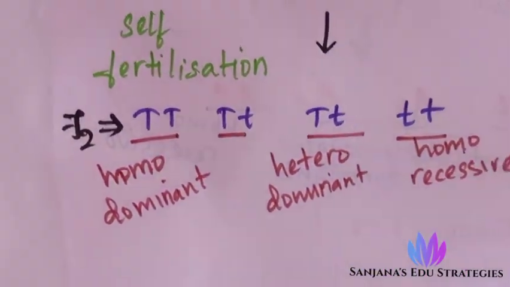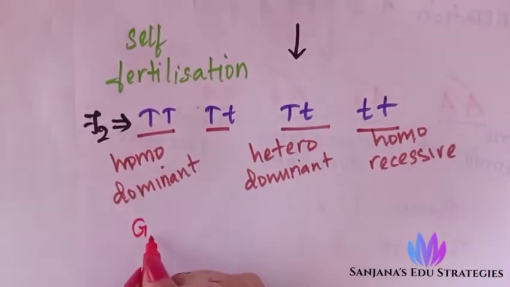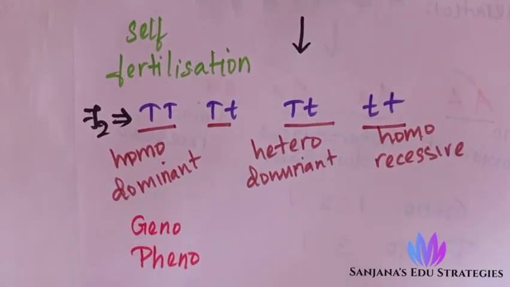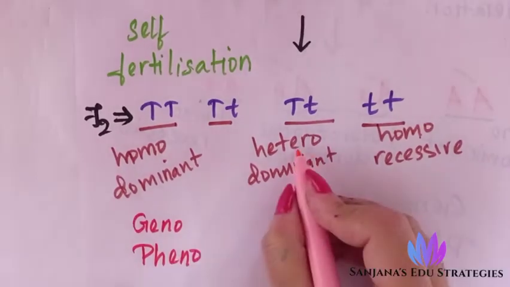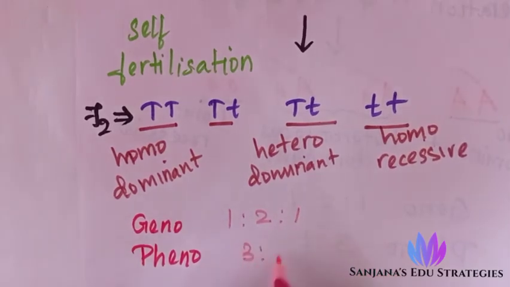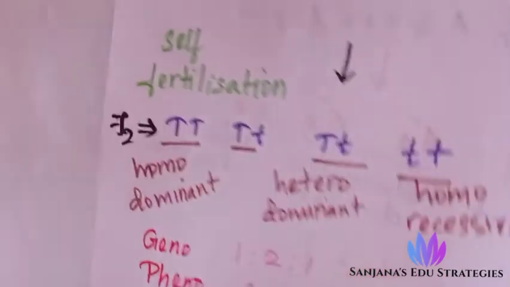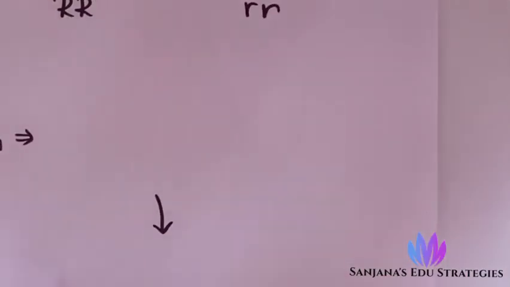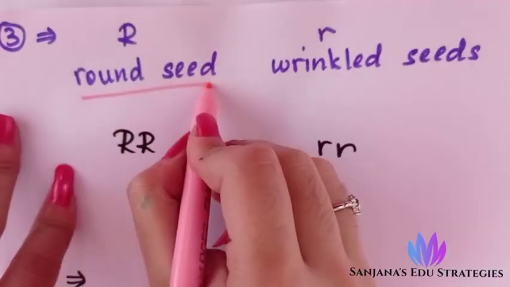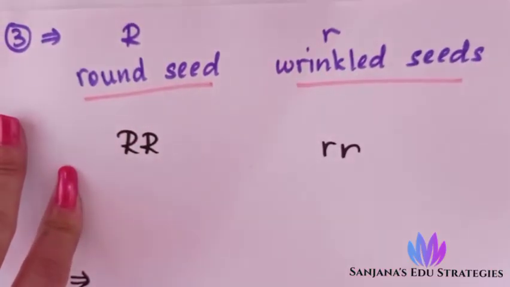Now we have to write the genotype and phenotype of this. Genotype is 1:2:1, phenotype is 3:1, in the same way. Now see the next sum. The third case he took is one round seeded plant and one wrinkled seeded plant.